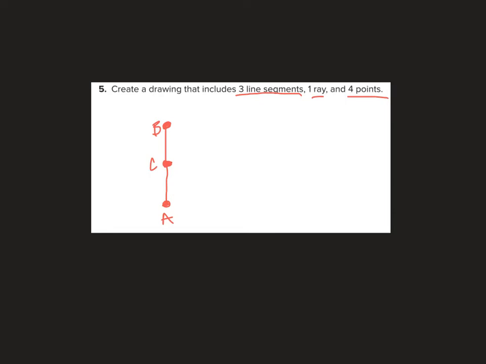I could put a C right here and make my ray. So here's what I think we're going with here. This would be line segment BC. Line segment BC. We could also have line segment CA.